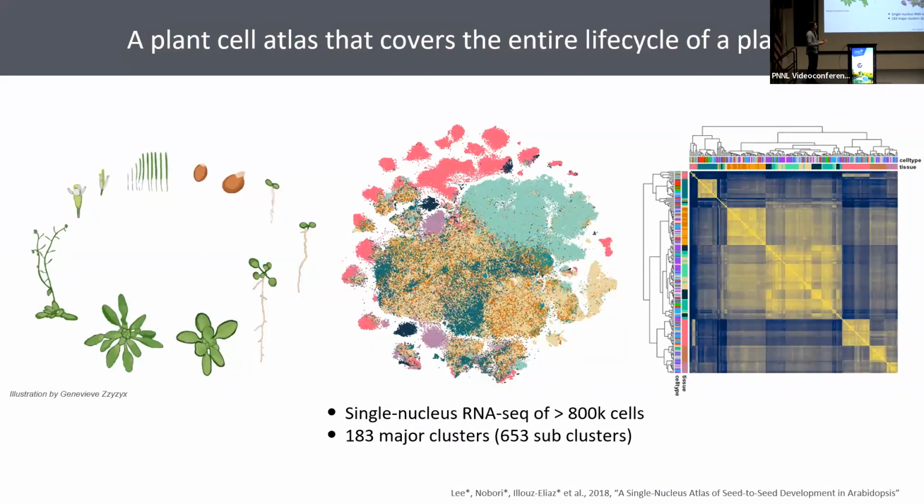So we call it a seed to seed atlas. And we identified hundreds of transcriptionally distinct clusters. Some of them are known cell types, but many of them are just unknown cell states.